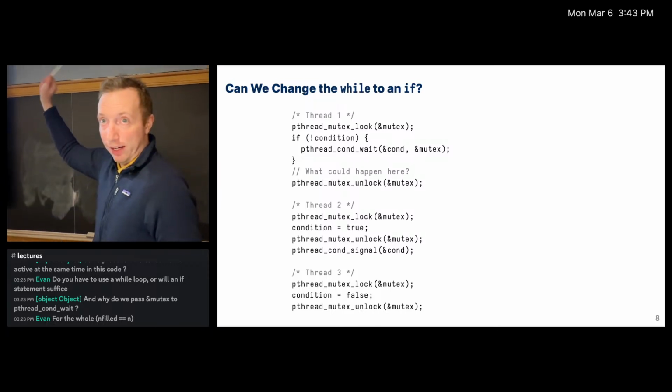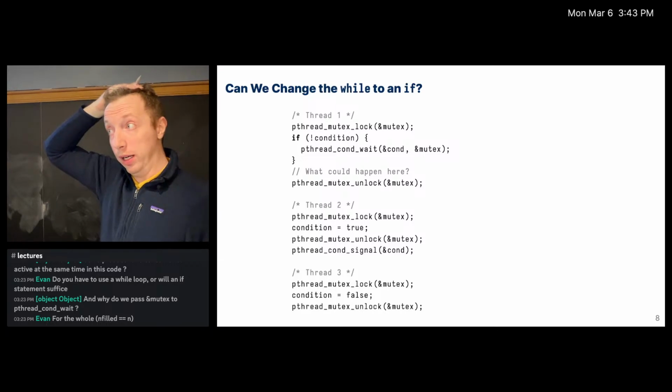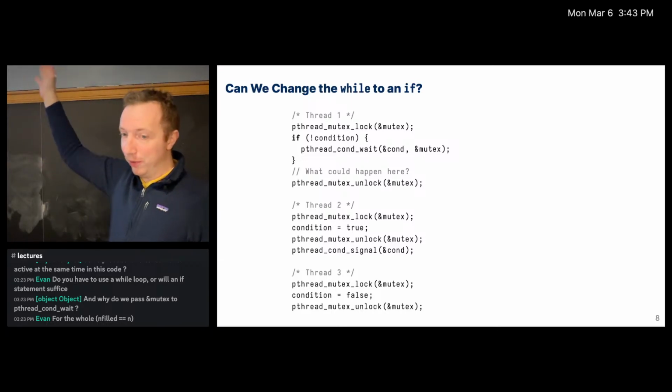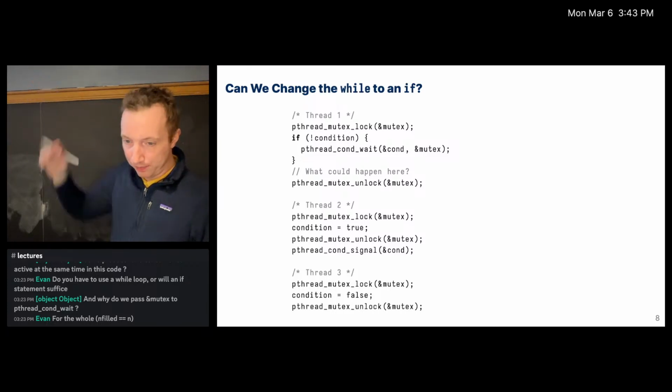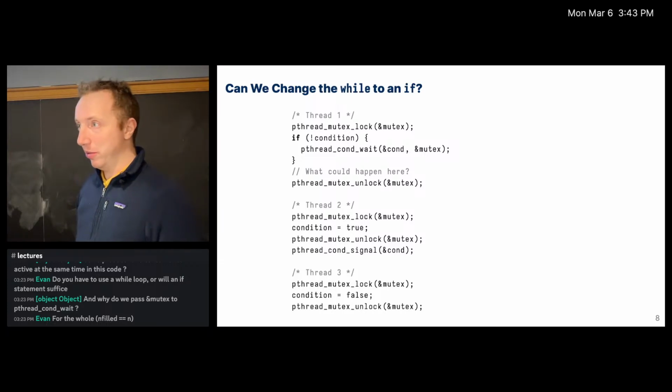Thread 1 is exactly what we saw before, except we changed that while to an if, and we want to know what could happen here. Ideally, we always want the condition to be true at that line. Usually you don't just have a value go from false to true and that's it. Typically it changes all the time. So let's come up with thread 2 that changes it to true, like we said before.